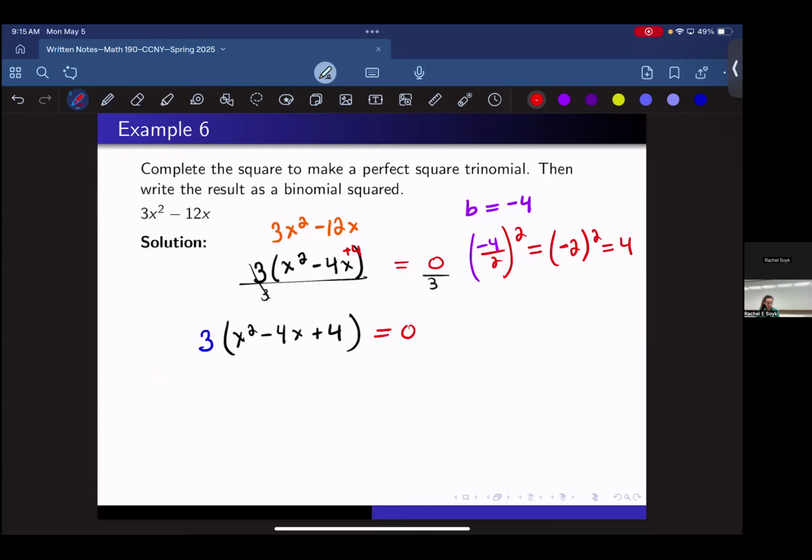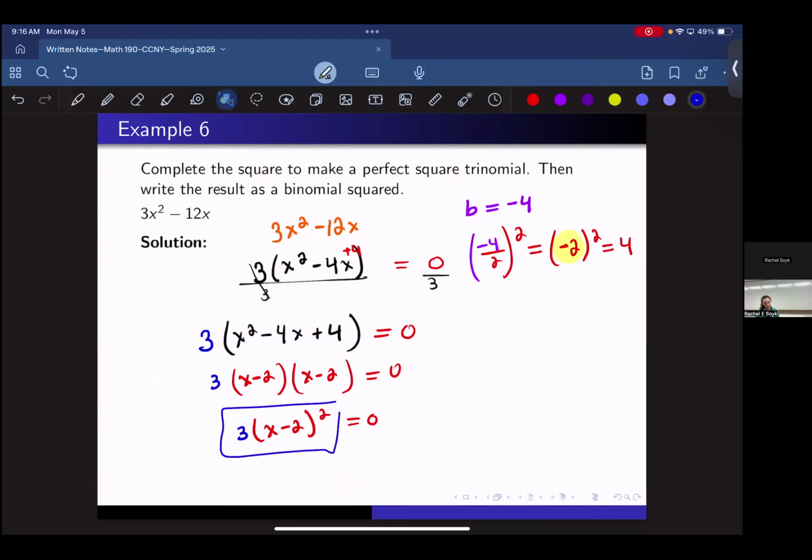So now inside those parentheses, how do we factor that out? Our two binomials are just now x minus 2, which is the same as x minus 2 in parentheses squared. And there we have it. Write the result as a binomial squared. And we're done.